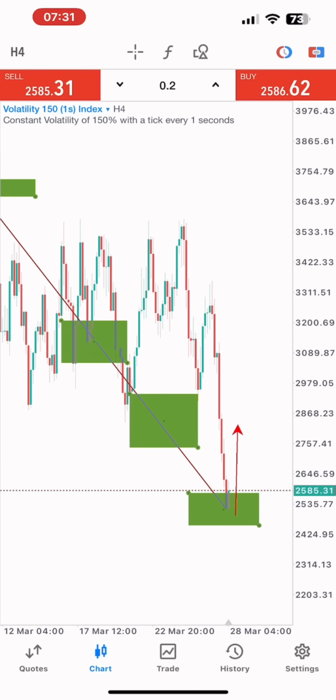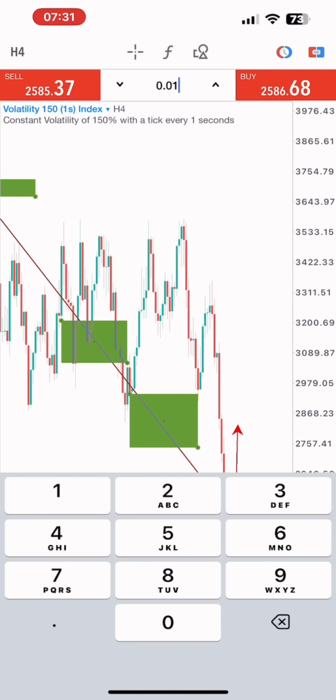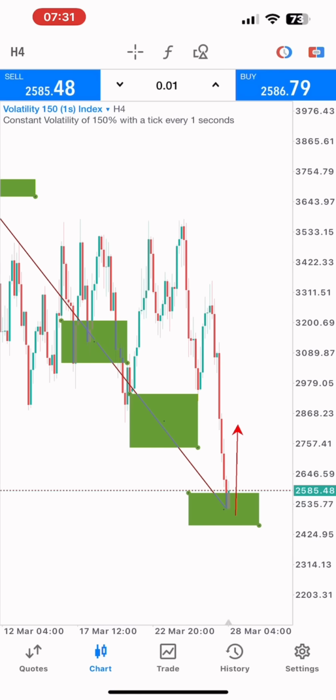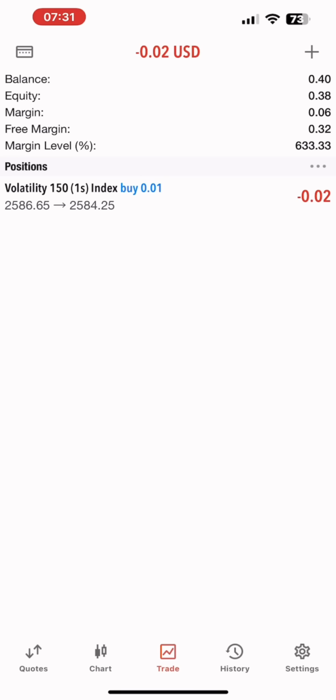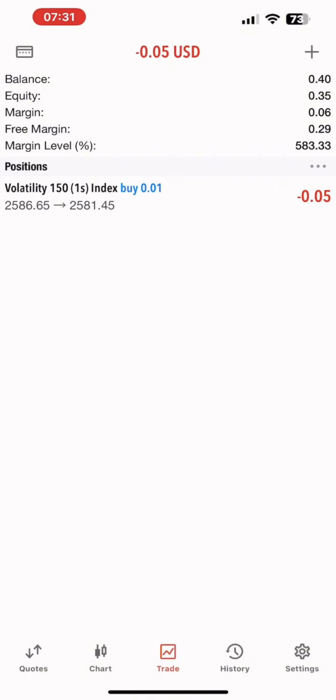So I'm gonna end using this level, and as you are seeing, this is a 40 cents account. You see 0.40. So I just ended 1% on volatility 150, and the reason why I took this trade on volatility 151 is because of the margin.